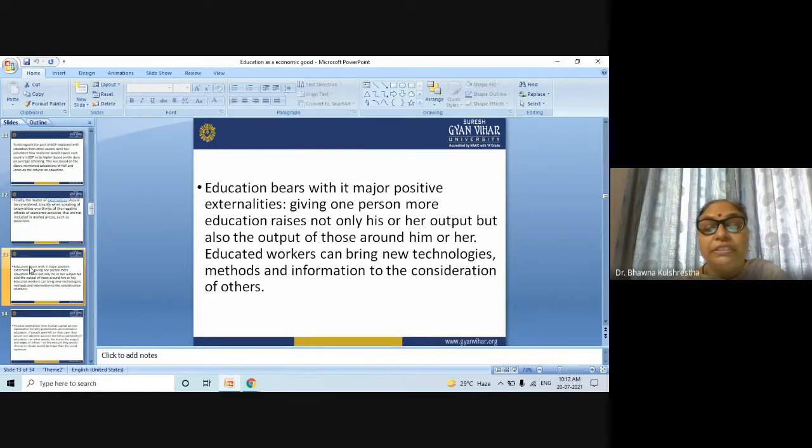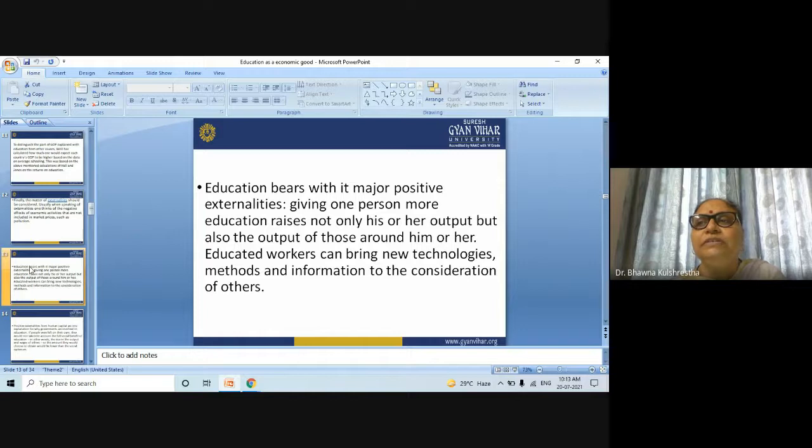Educated workers can bring new technologies, methods, and information to the consideration of others, and they can teach things to others and act as an example.